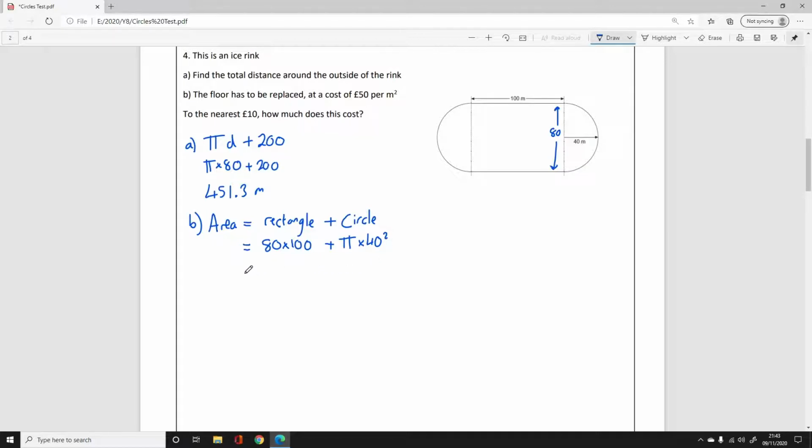Put all that together and you should get that the area of the ice rink is 13,026 meters squared. This is going to be a very expensive replacement, and it costs £50 per meter squared. So we're going to need to times that by 50.